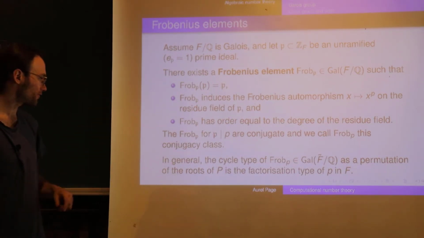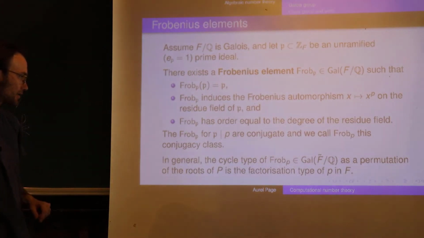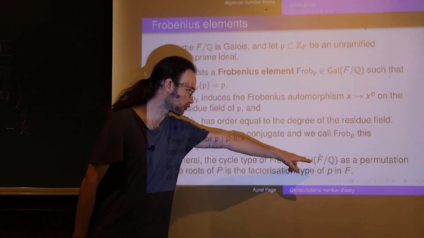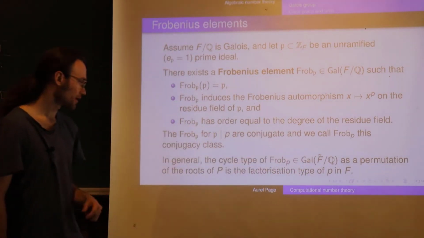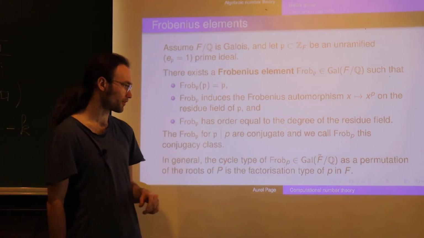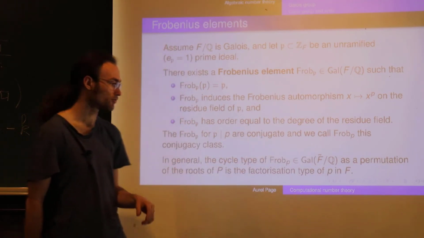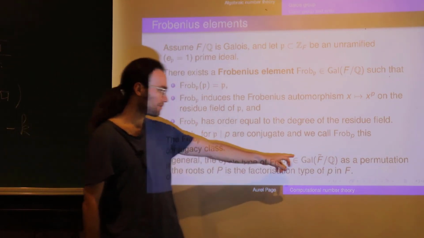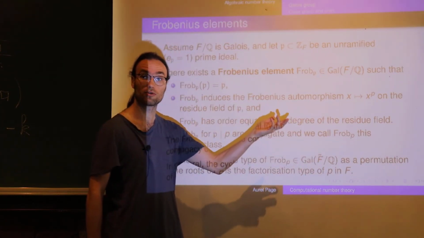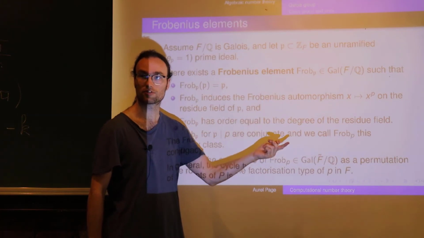One example of something that Frobenius elements give you: look at the Frobenius element in the Galois group of the Galois closure of f. So you have f, which doesn't have all the roots of the defining polynomial, and f tilde, the Galois closure, has all the roots. In particular, elements of this Galois group are automorphisms of this larger field, which has all the roots, and so it permutes these roots.